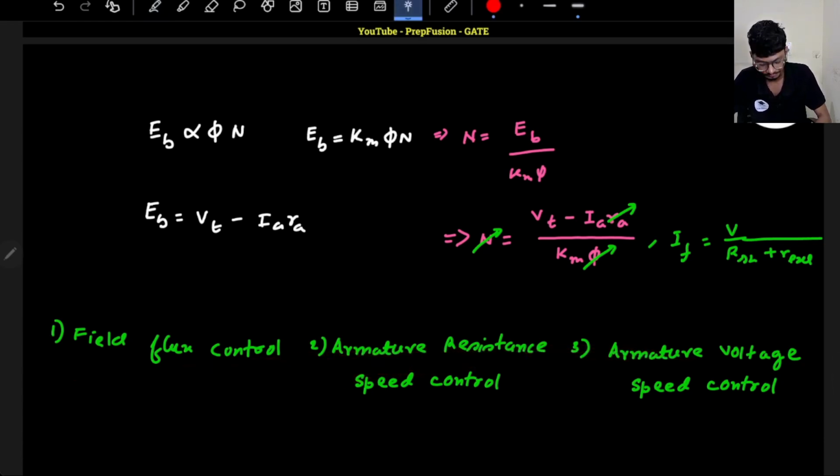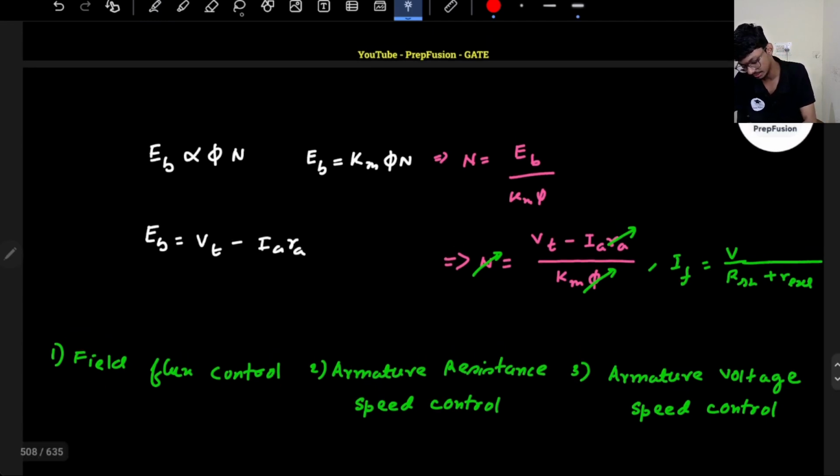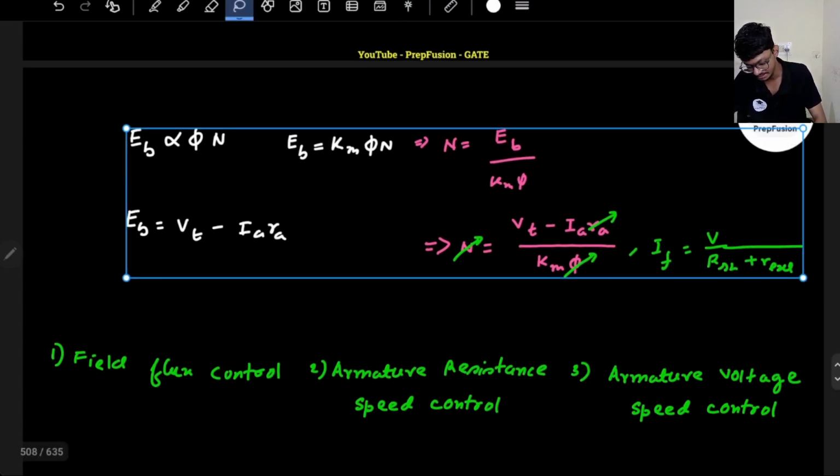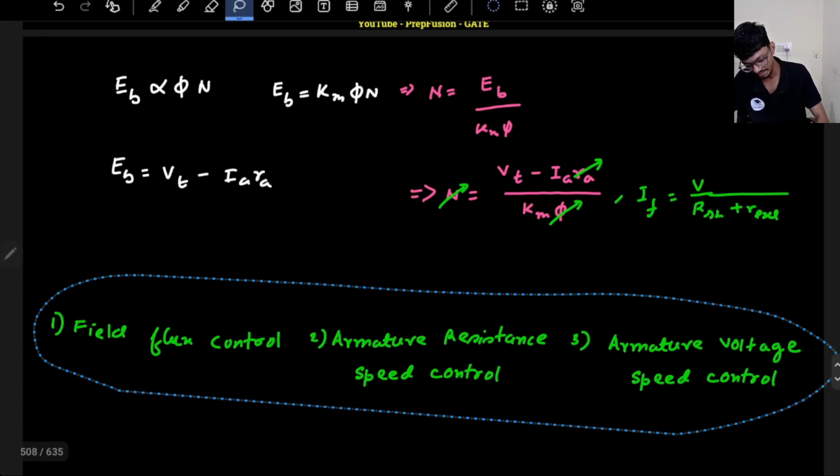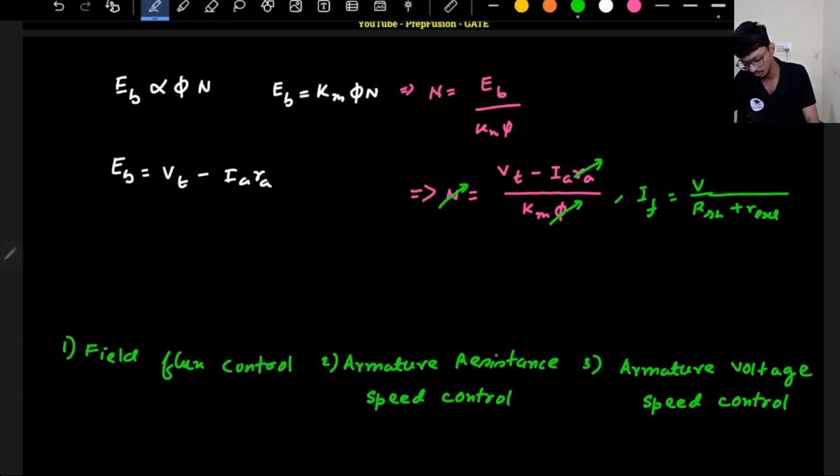Now one more key term that I want to explain is that we have two kinds of torque. One is the developed torque and another one is the load torque, TD and TL. TD is the developed torque, that is the torque developed by the motor.